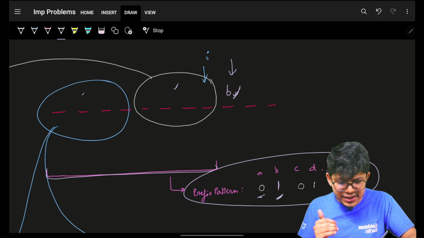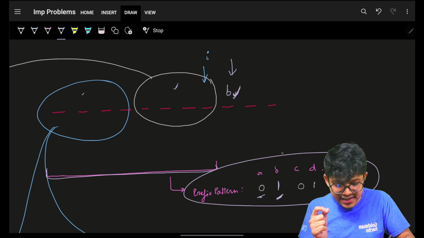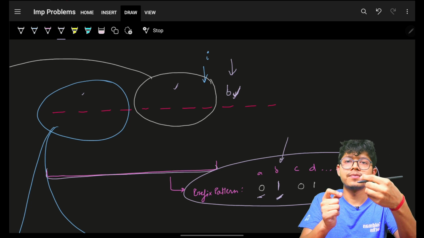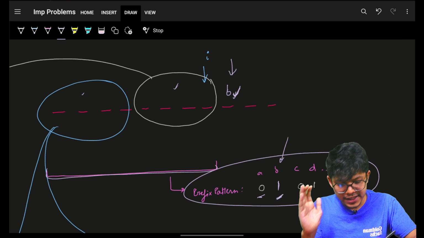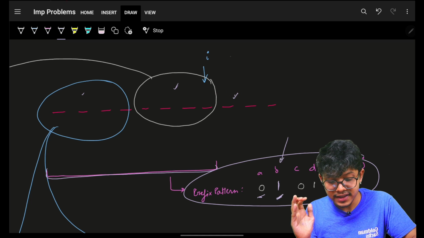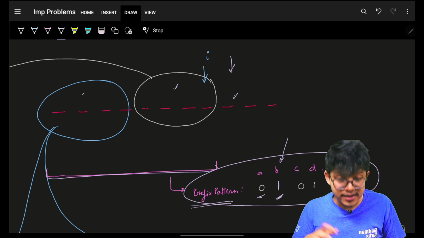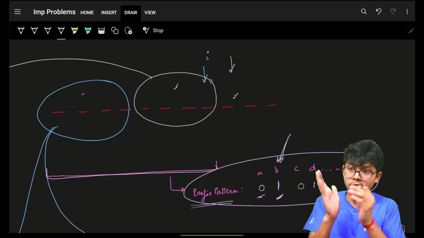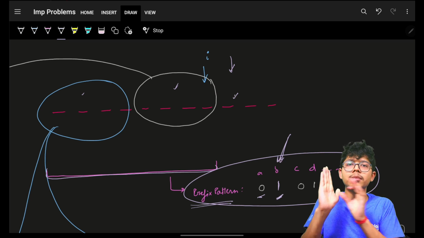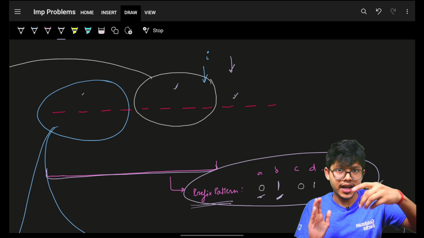So as soon as a new character is added, the existing parity is changed. If it was even, it will now become odd. If it was odd, it will now become even. So to generate my prefix pattern, I simply change its parity as the characters are added incrementally.